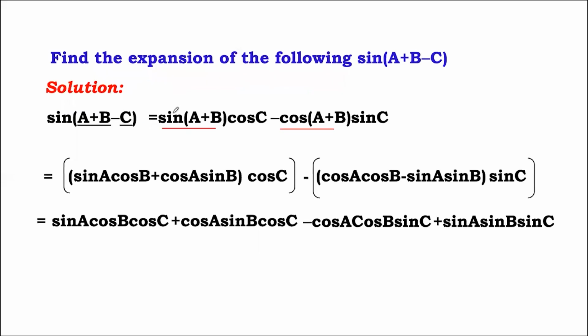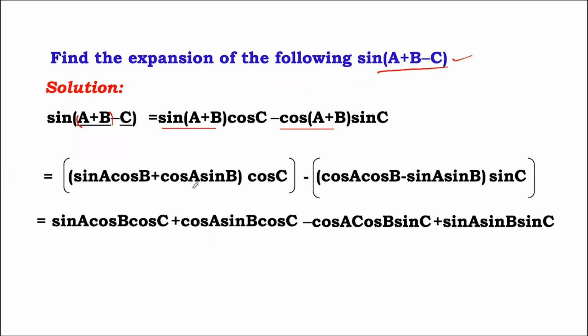So if we have to find the formula for sine of a plus b plus c, we'll break this into two parts. First, we take a plus b as one and c as another one. So sine of a plus b plus c is sine of a plus b cos c plus cos of a plus b sine c.